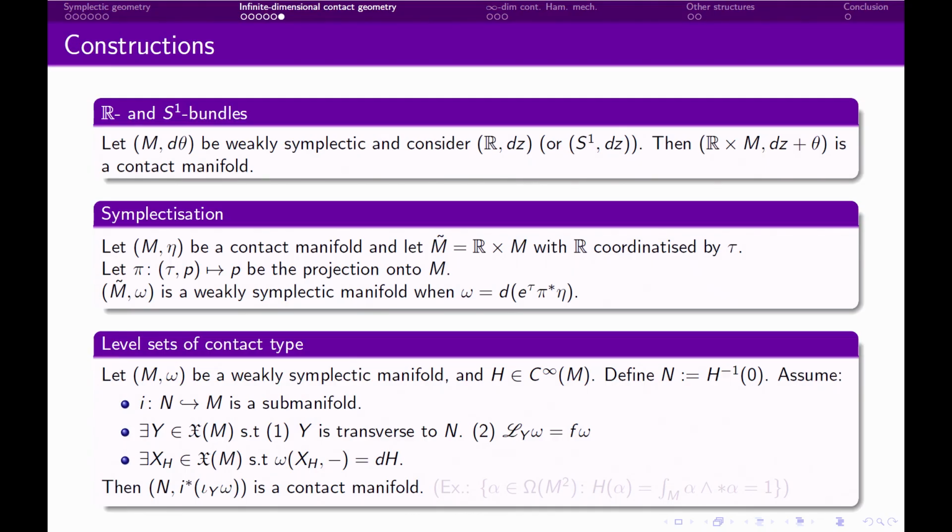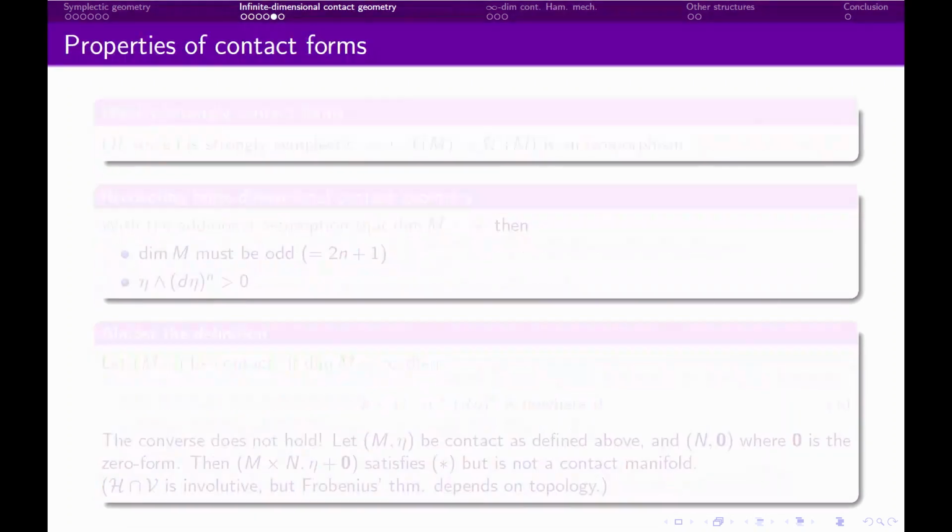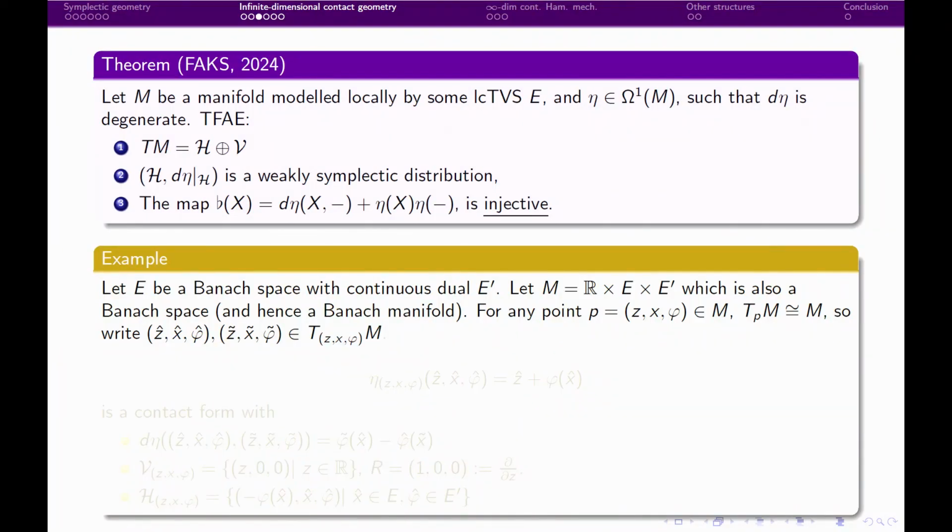Right. Final question? In the beginning, you said your results are in general for a Banach space, right? Sorry, I didn't hear you there. So in the beginning, you said that your results hold on a general Banach space, right? Yeah.